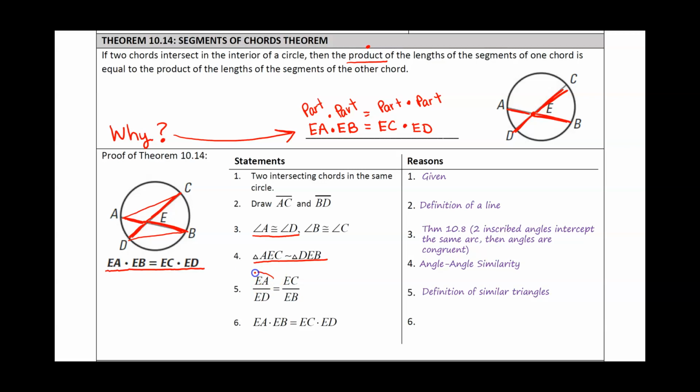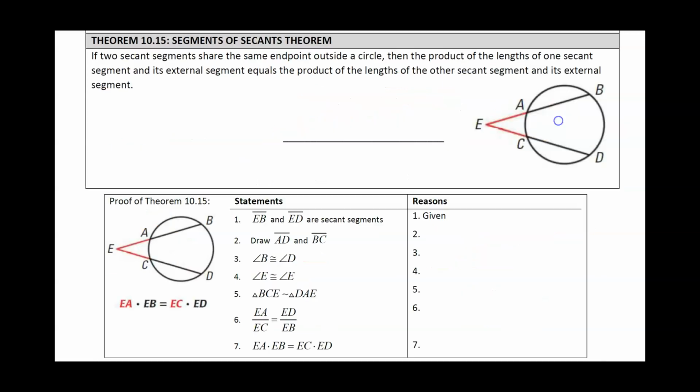Now, when I solve, I get EA times EB equals EC times ED, and we simply know that as the cross multiply property. The most important thing right here is knowing what to do when we get numbers. If it's inside the circle, you're going to go part times part equals part times part and keep those parts on the same chord. Now let's look at segments of a secant theorem.